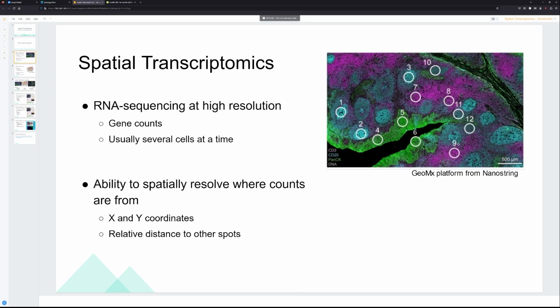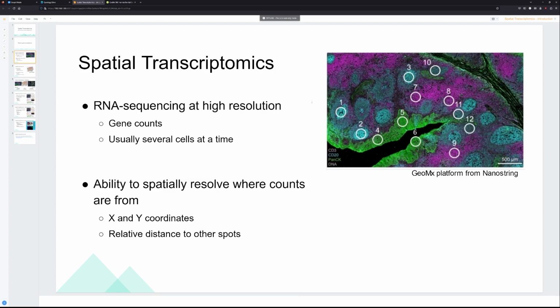In addition to your read counts, you're going to have an X and a Y location. So here on the right-hand side, we have an example of Nanostring's GeoMx platform, where each spot here, field of view or region of interest, is probably going to contain a lot of cells. But we do get a spatial component with this.